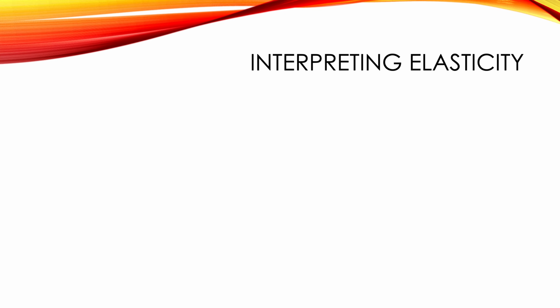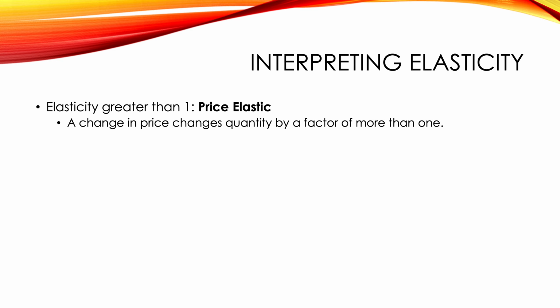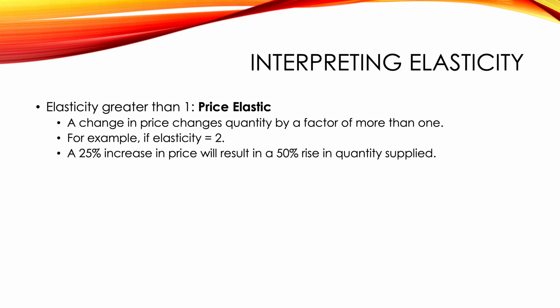In terms of interpreting price elasticity of supply, this is almost exactly like it was with demand. If you come out with an answer greater than 1, we call that price elastic for supply. What that means is a change in price changes quantity by a factor of more than 1. For example, if elasticity were equal to 2, a 25% increase in price will result in a 50% rise in the quantity supplied.